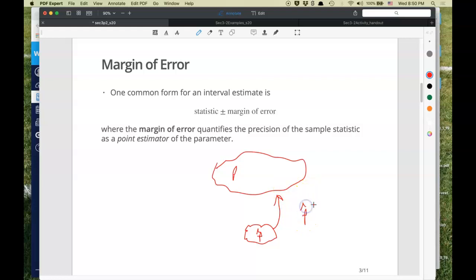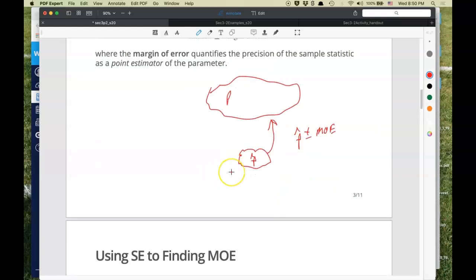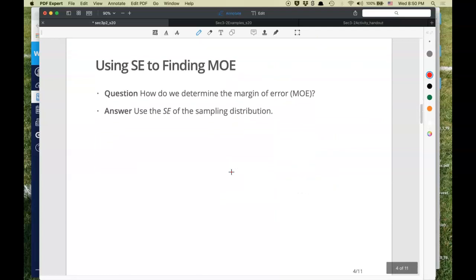So what we're saying is that we would use p hat plus or minus margin of error, MOE or ME. So I'll put MOE in deference to my name. So let's see. So use the standard error to find the margin of error. So how do we determine the margin of error? Well, we're going to use the standard error, the sampling distribution.